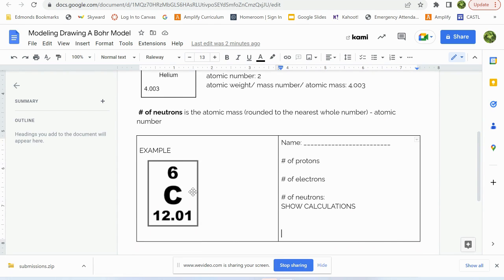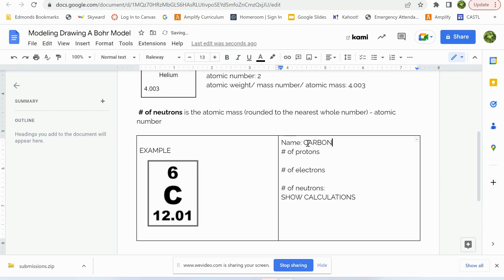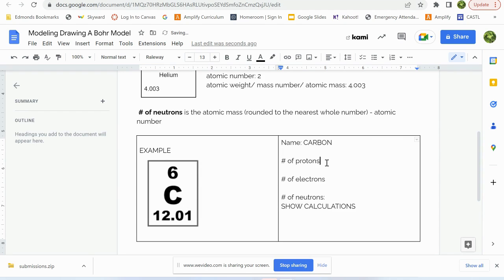So let's do that here with carbon. C is carbon. The number of protons is the atomic number, so that's 6. The number of protons equals the number of electrons, so that would be 6. The number of neutrons, I have to calculate.